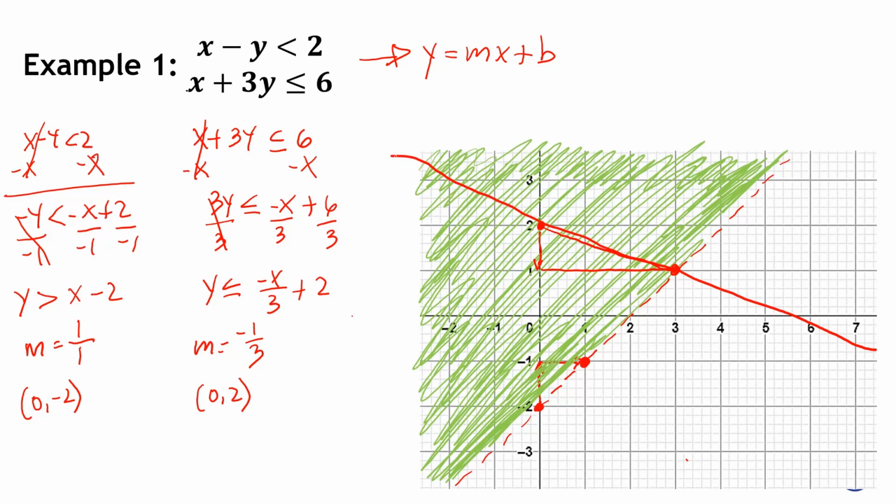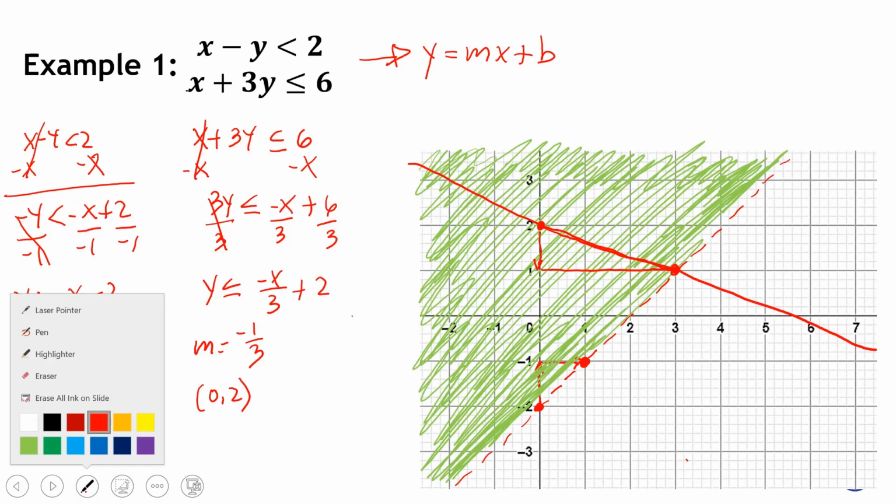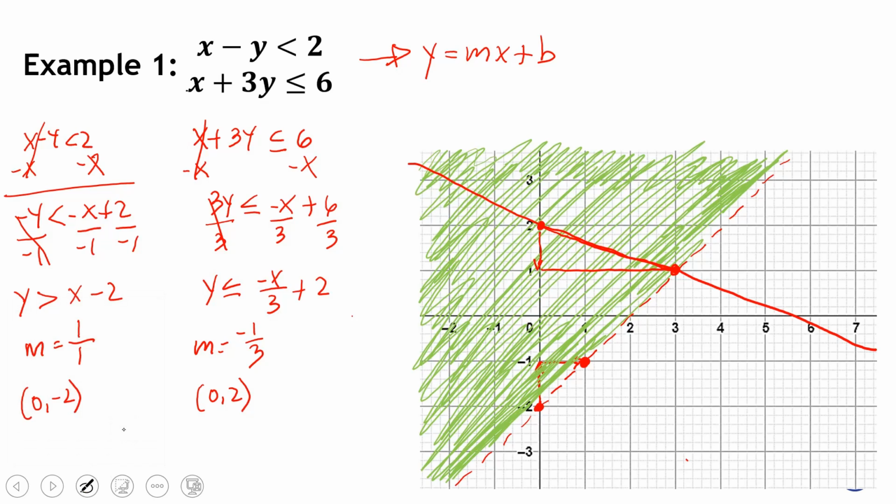There you go. Okay. So for the shading part, since it's less than, we will shade the lower region of this inequality, which is this region right here.